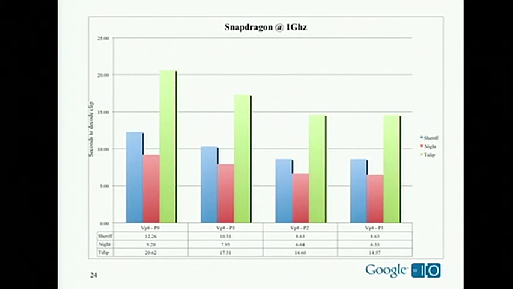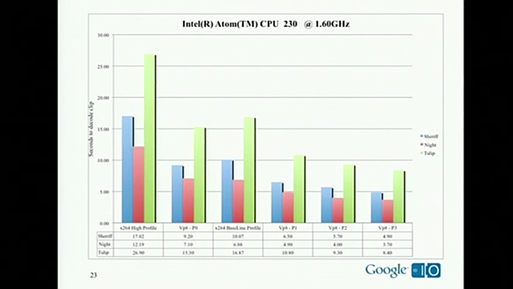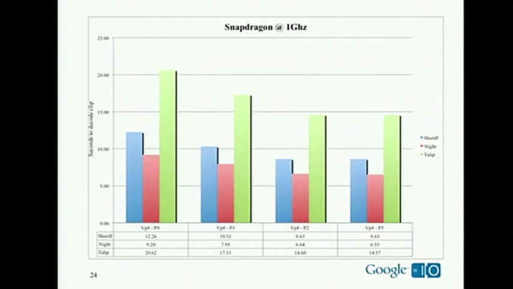I don't want to skip over Atom. It is a very important processor because it's used in a lot of netbooks today, and Chrome OS will be supporting Atom. We are performing quite well on the Atom processor in comparison to software decodes of H.264. Snapdragon is a processor that uses an ARM Neon instruction set.